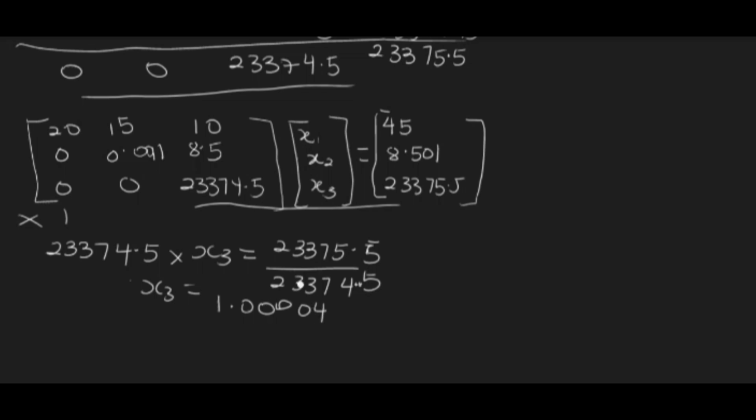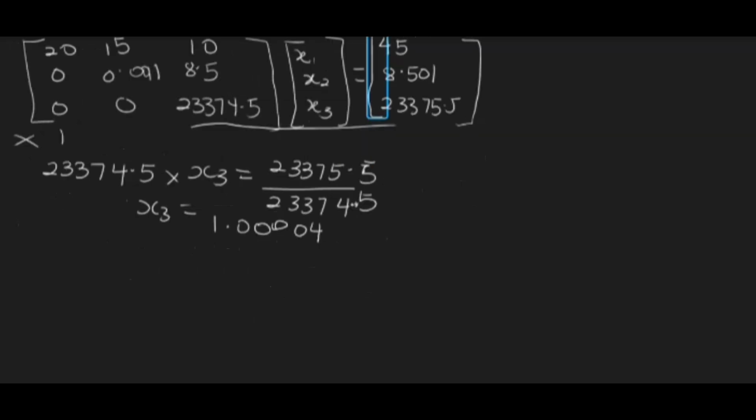That's approximately 1. So this is the value we've got. So it's 1. So once you get this 1, the next thing to do is to come back. That is the back substitution. You put this x3 into this one so that you find out the x2 as well as the x1. So let's do that quickly.